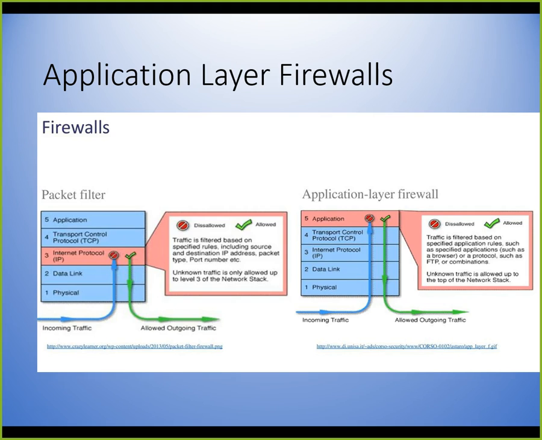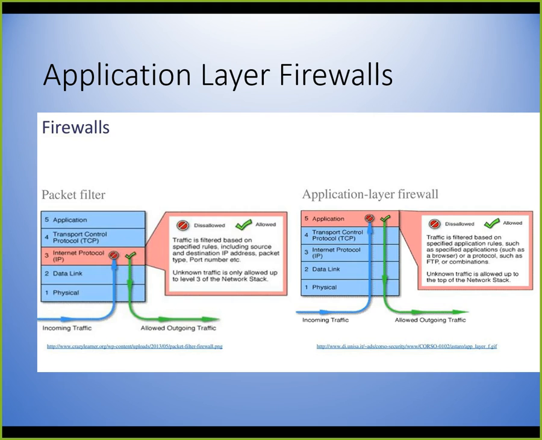So in the packet filter, the traffic is filtered based on the specified rules, including the source and destination IP address, packet type, port number. Unknown traffic is only allowed up to level 3 of the stack when we do these things.